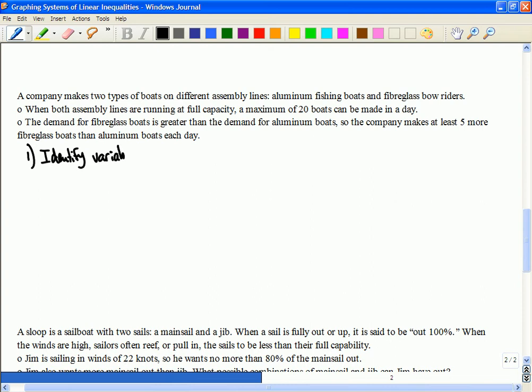We're going to keep building on this structure, so these steps are going to be the same with each lesson, but we'll add an extra step as we go. So first we're going to identify our variables. Then we are going to write out our constraints. And then we'll do a model with a graph.